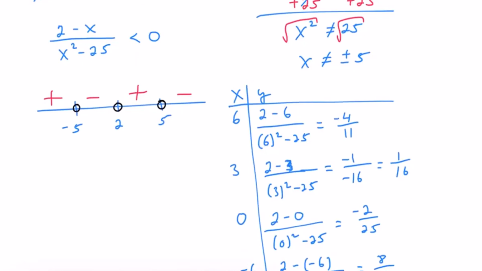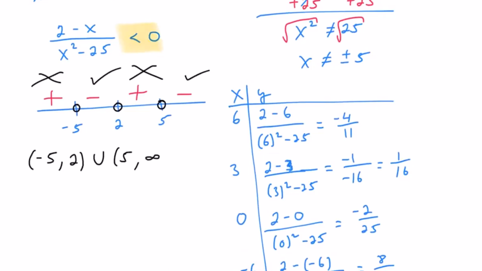So here we want it to be less than 0. So that means we want the negative interval. We don't want the positive interval. So our answer is parenthesis negative 5 to 2 union 5 to infinity.